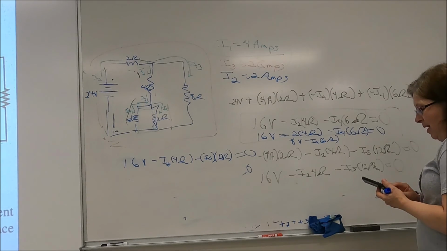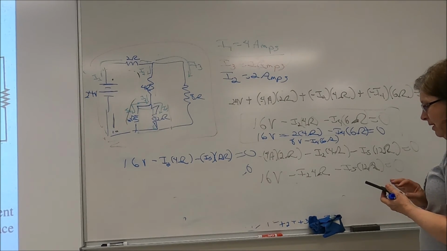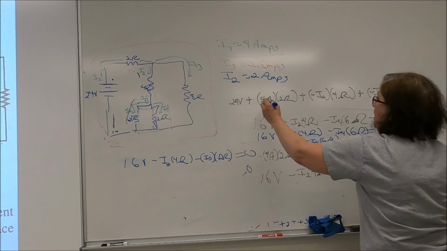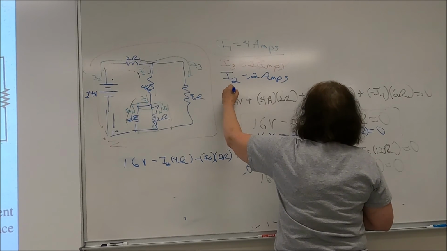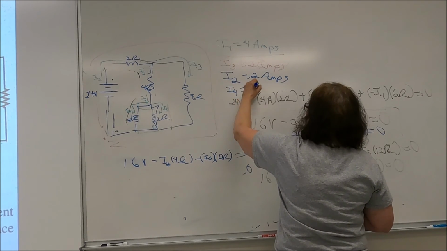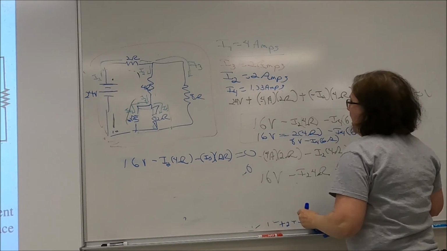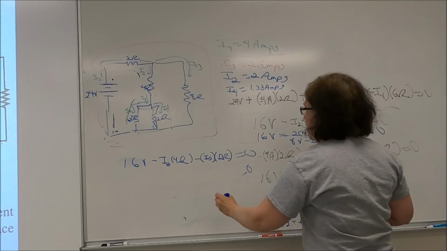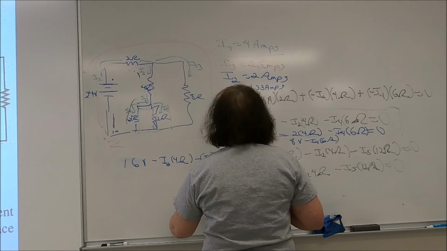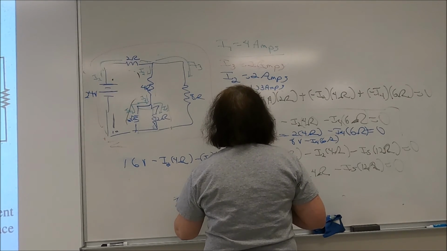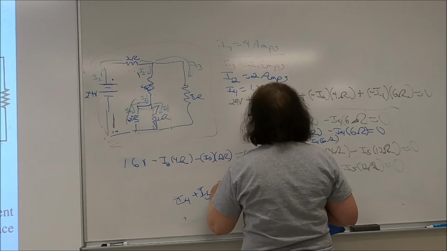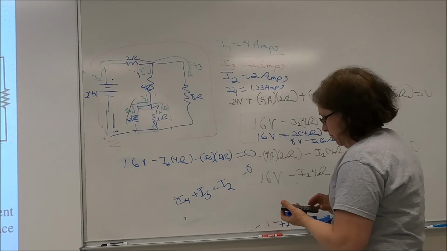So 8 divided by 6 equals 1.33. So I4 is 1.33 amps. And I know that I4 plus I5 has to equal I2.